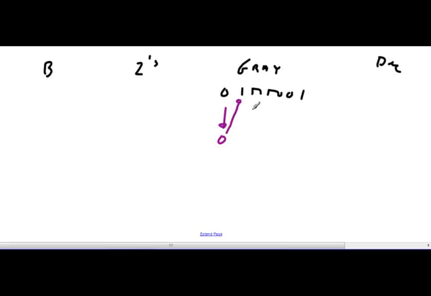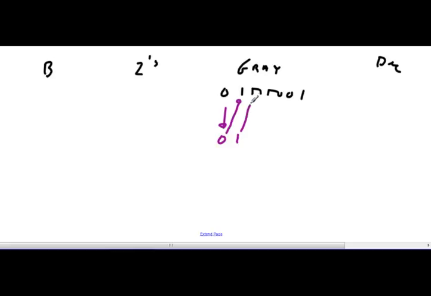All right, now we have binary, 2's complement, gray, and decimal. We start with gray: 0, 1, 1, 1, 1, 0, 0, 1. We keep the first guy, he's a 0. We then take that answer and exclusive OR with the next guy, get a 1.